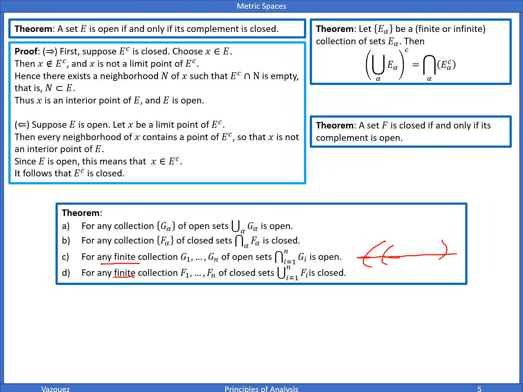Make nested open intervals and keep closing in on a point. That should show you that their infinite intersection is closed rather than open. So that's why we use it for a finite collection. Same thing for the D, for any finite collection, F1 to Fn, of closed sets, their union is closed. And again, that's not necessarily true for infinite collections. That's why the finite is really important there.